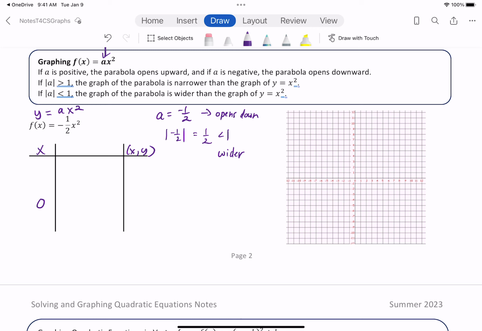If this was f of x equals -1/3 x squared, we would want to choose multiples of 3. Okay? So I'm going to step 2 to the left and 2 more to the left, and also 2 to the right and 2 more to the right. And that's really just to give myself nicer numbers. Okay? Let's plug them in and see what happens.